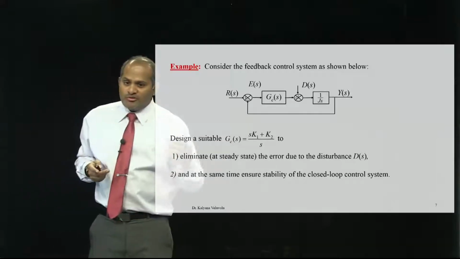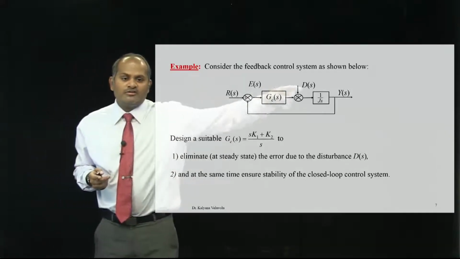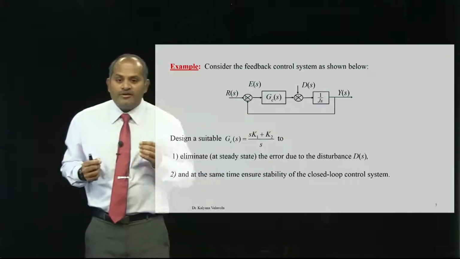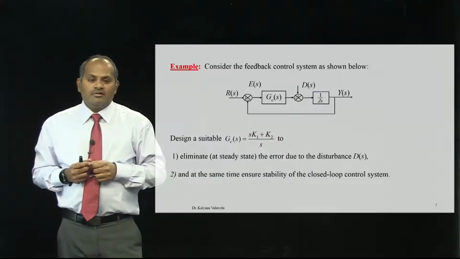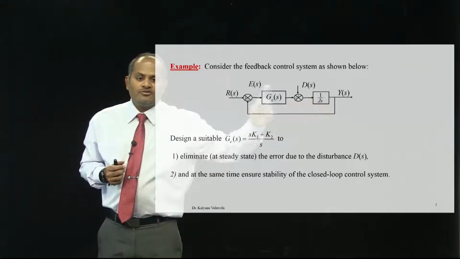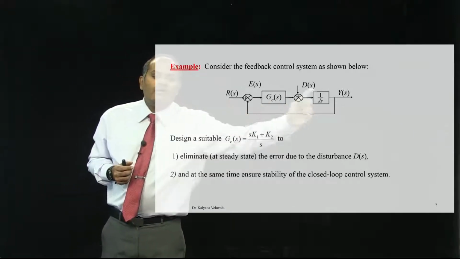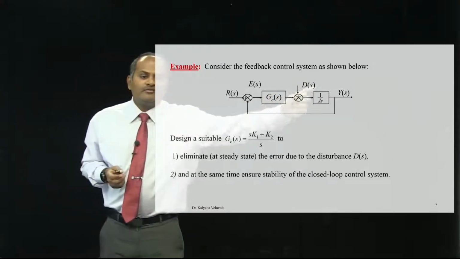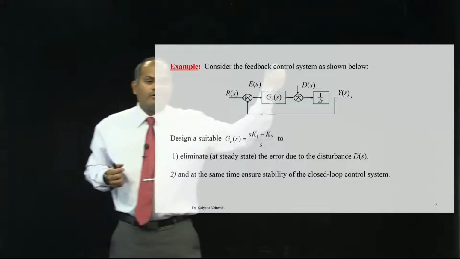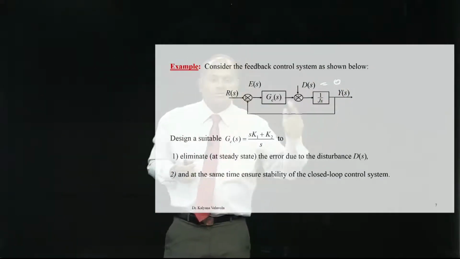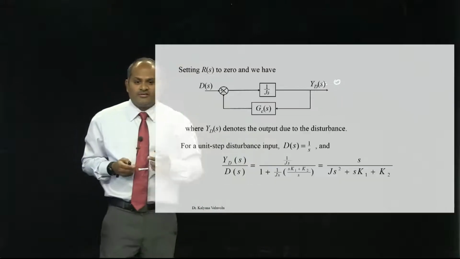So, if you are talking about stability, we are not talking about the disturbance. When you want to analyze the stability of the system, take the closed loop of the regular system. So, the regular system is R to Y, treat D of s equal to 0, and then formulate the transfer function.